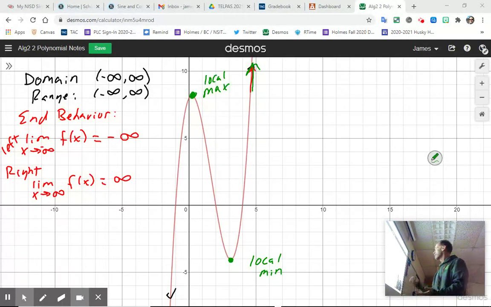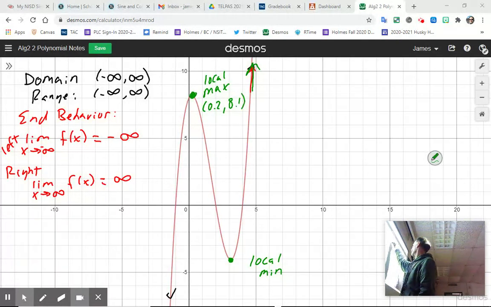Okay, now we can name those points. I'm just going to estimate that, each line here is 1, so I'm going to estimate that at like 0.2 and like 8.1 or something like that. Doesn't really matter. And the same thing here. This is like 3.1 and -4 or something like that.